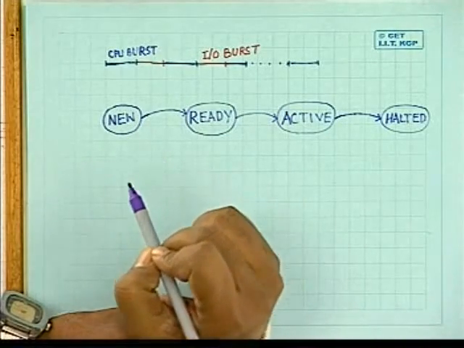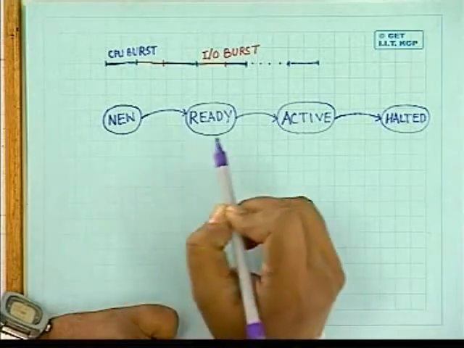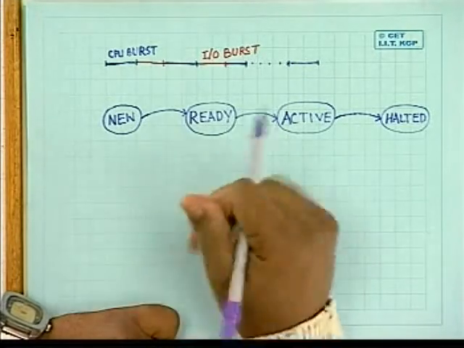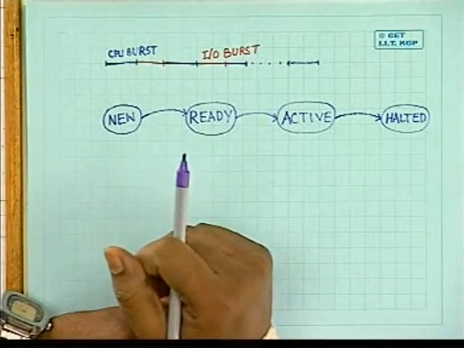So at the end of a particular CPU burst, when the job is active, maybe it is willing to perform some IO operation. Now, when an IO operation is to be performed, the job does not have anything to do with the CPU. The CPU need not be busy or need not wait until the job is complete.